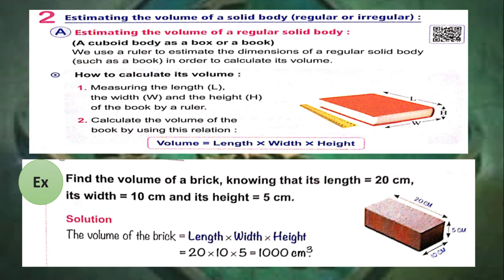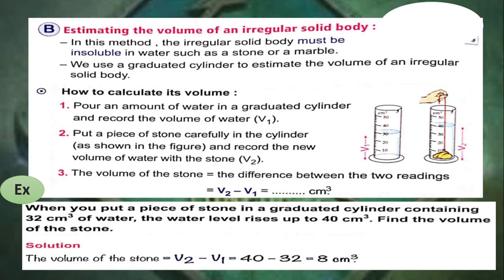So in a story problem, don't forget the rule and the units. Let's identify how we can measure the volume of an irregular solid body. An irregular solid body like this stone, we cannot measure its length, width and height. So we bring a graduated cylinder, pour some water in it and record the level of water.